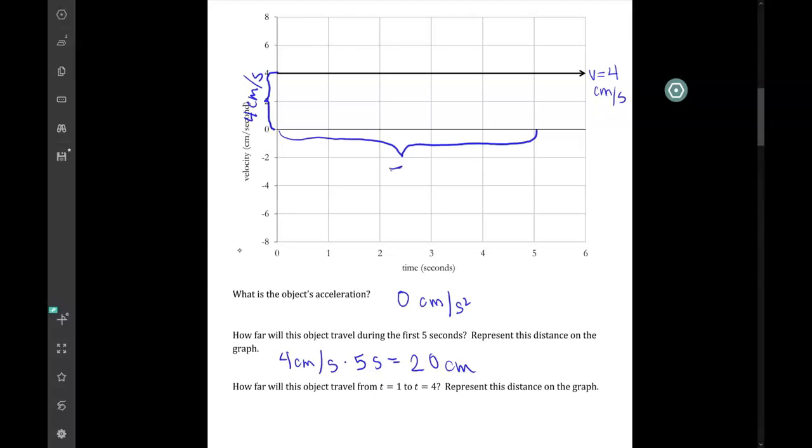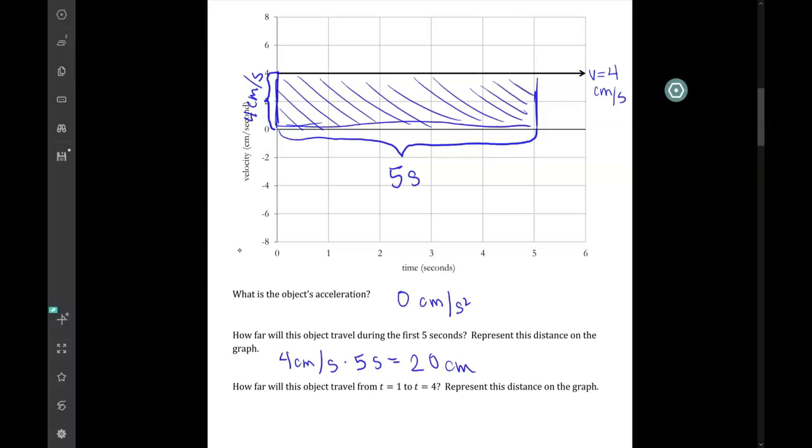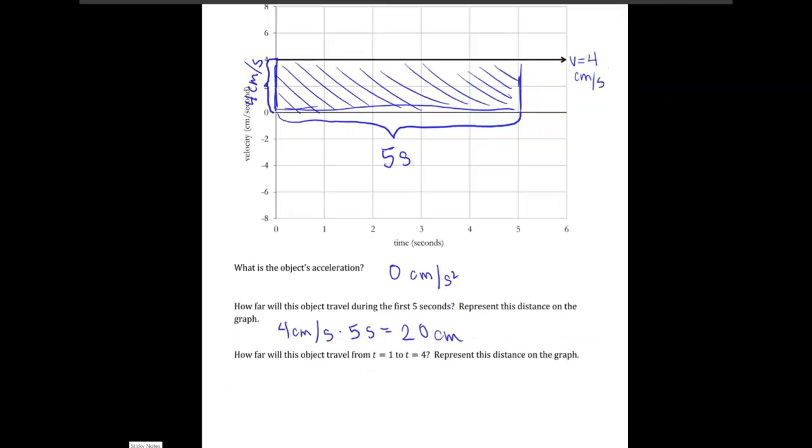And there we go. If you multiply this vertical distance by this horizontal distance, what you're getting is the area of this rectangle. Interesting, we're looking for position based on velocity, and we're getting area.